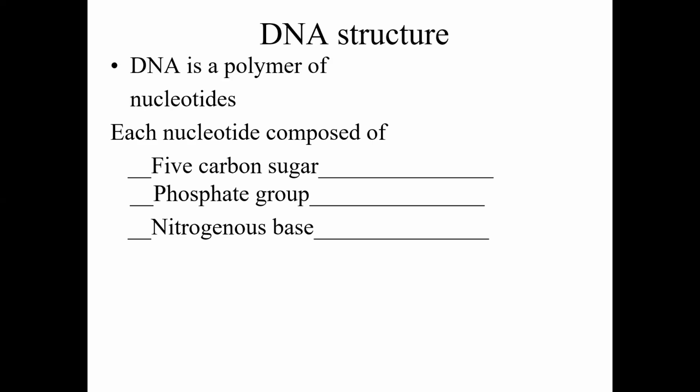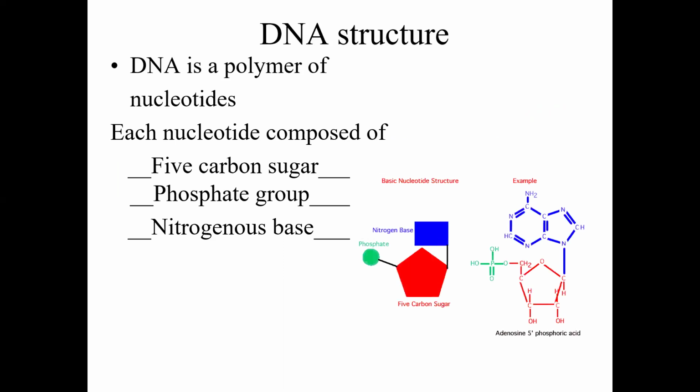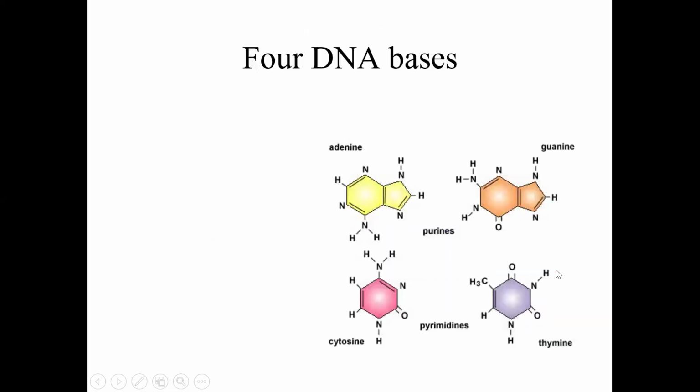The second is the phosphate group, and the third component is the nitrogenous base. So structurally, the basic nucleotide has a nitrogenous base, a phosphate group, and a 5-carbon sugar. And this is how it looks.